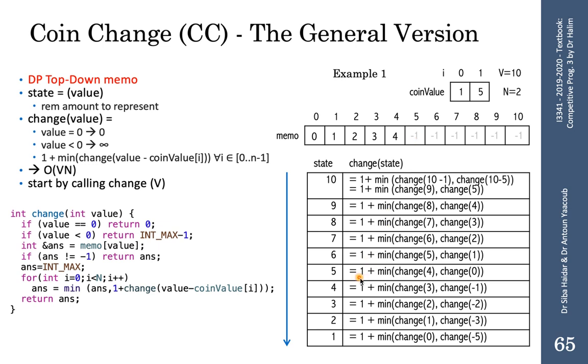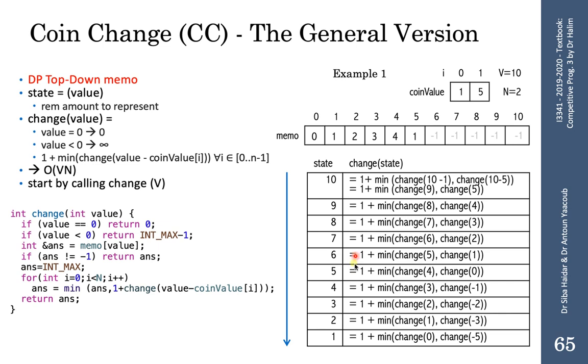Change of 5, what does it tell me? If you have change of 4, which is 4, and you have change of 0, it is a base case, it is 0, then the minimum between them is of course 0, plus 1 is the change of 5, so I return it and I memorize it at the same time.